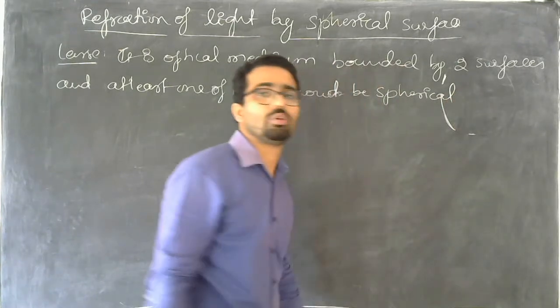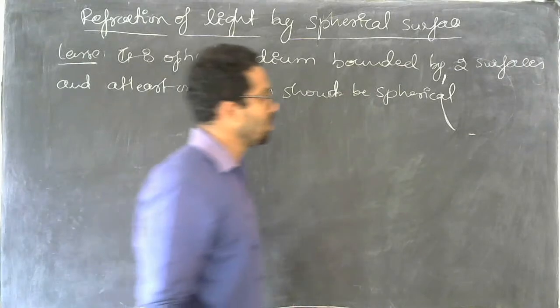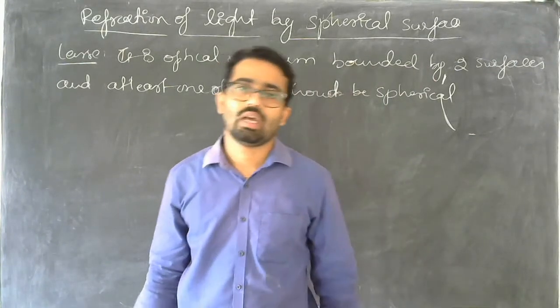One of them should be spherical. So this is the definition of a lens. Now let us see different kinds of lenses.